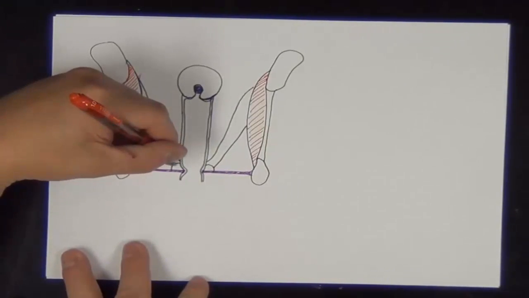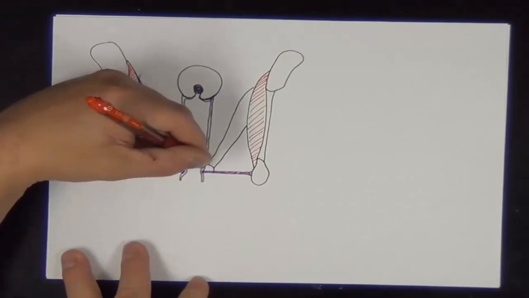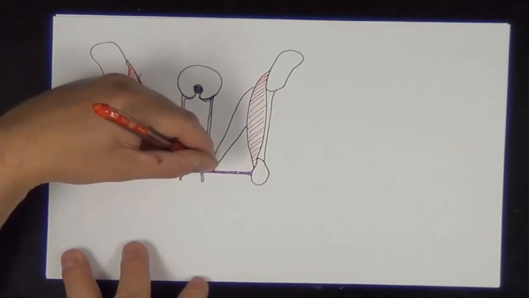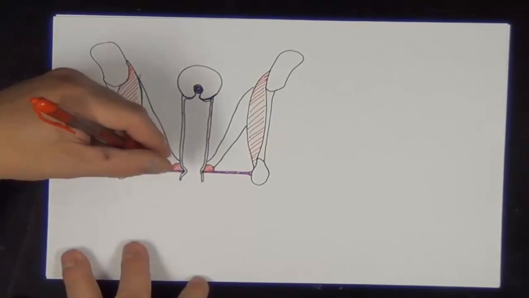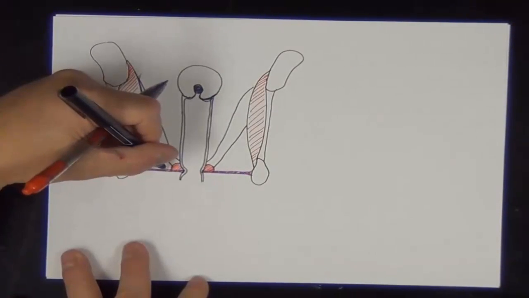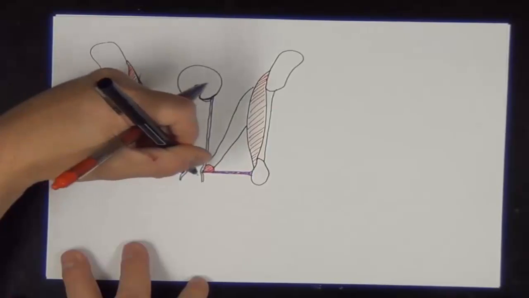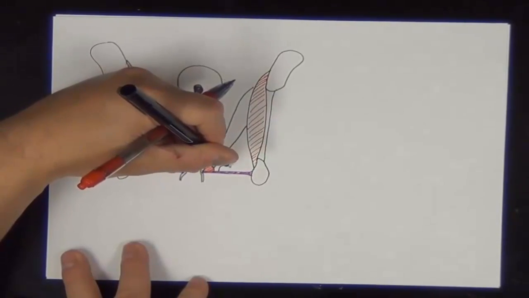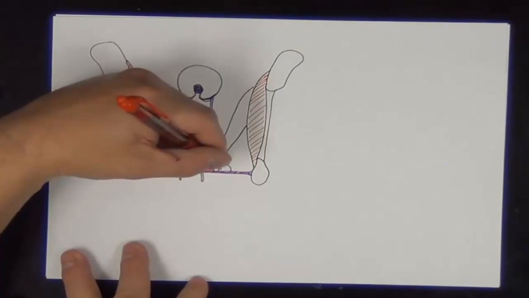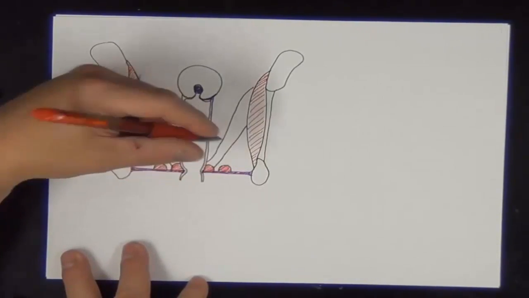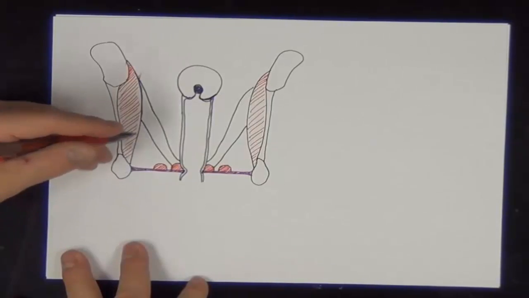So right here we've got the external urethral sphincter, which in the case of the female actually also wraps around, at least partially, the vagina. And we're going to have compressor urethrae, a little more lateral to that, coming in obliquely. And these are both in the deep space because they're on the deep side of the perineal membrane.